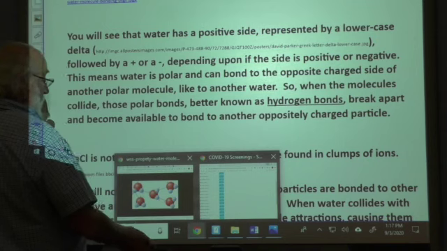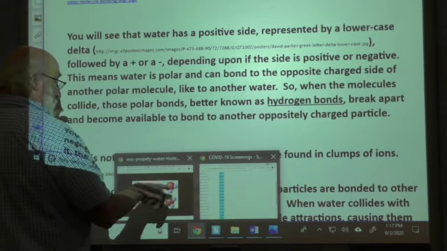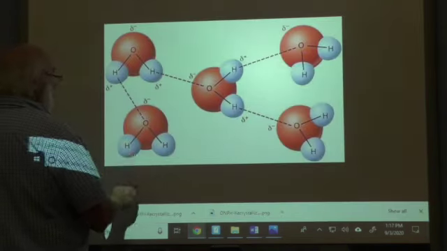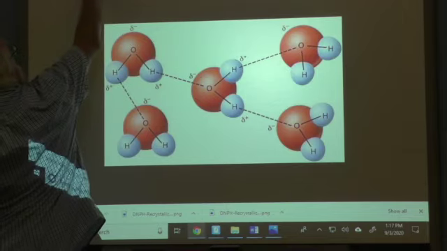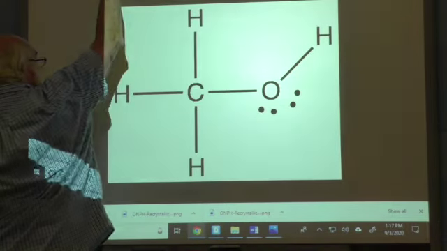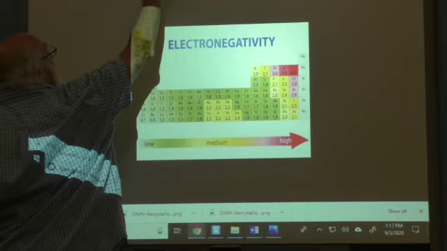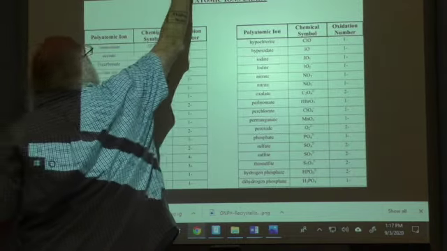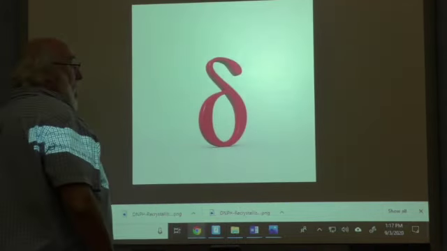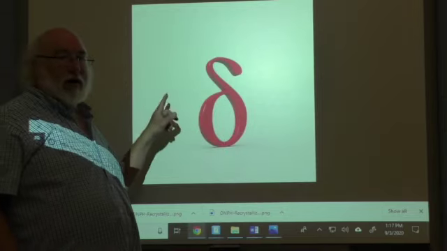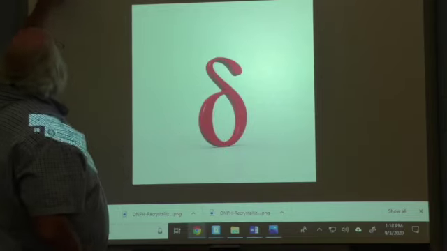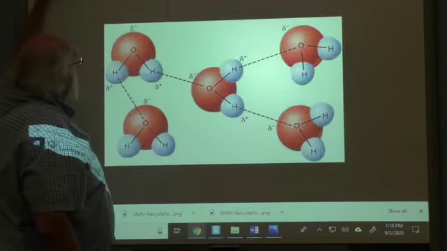Okay, so let's take a look at what a lowercase delta looks like. You may not have seen it very well on this little chart of mine here. That's not it, that's not it. There it is. That is a lowercase delta right there. We saw that on this thing right here.